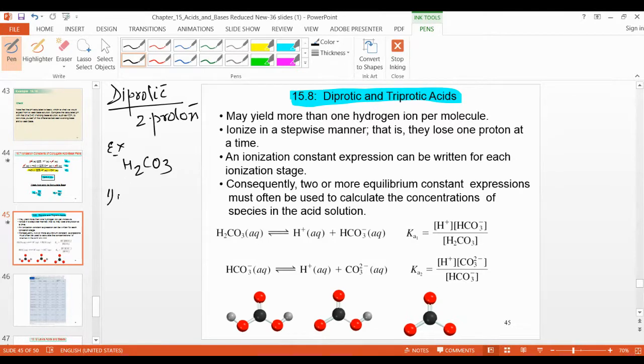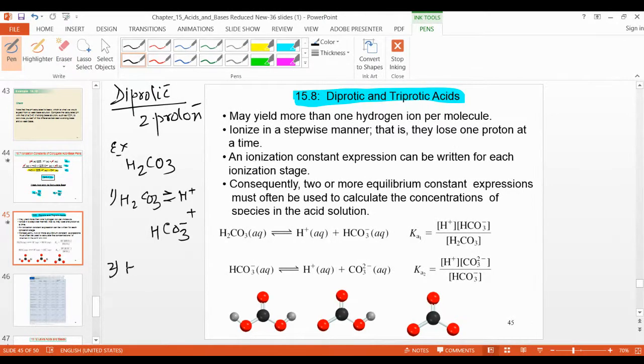The first dissociation: H2CO3 dissociates into H plus and HCO3 1 minus, sorry. This is one, right? The second dissociation: HCO3 minus dissociates again, and you will get H plus and CO3 2 minus.